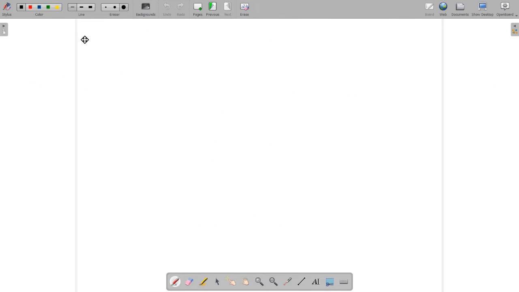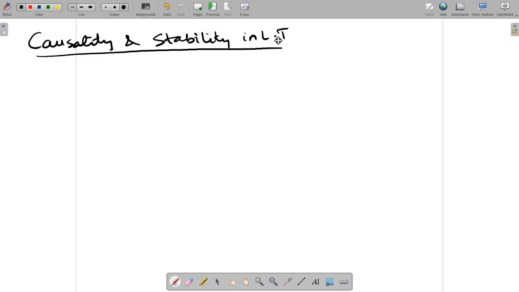Okay, let us talk of the next topic called causality and stability in Laplace transform. If I talk about Laplace transform and the S-plane, from the S-plane we can understand whether the system is causal or stable.